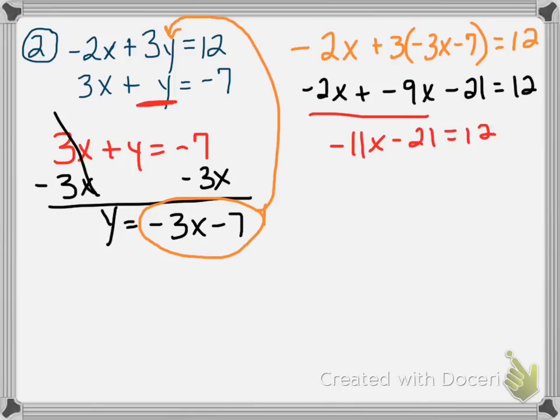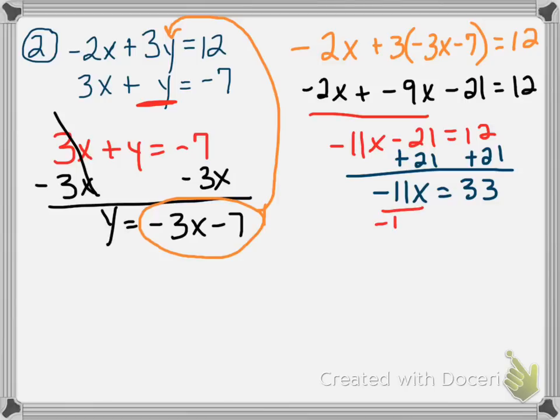Go ahead and add 21 to both sides. We get negative 11x is equal to 33. And then when we divide by negative 11, we're going to end up with x is equal to negative 3.